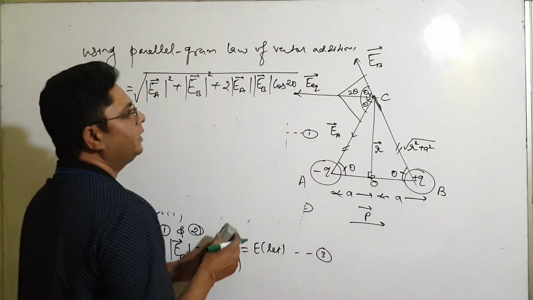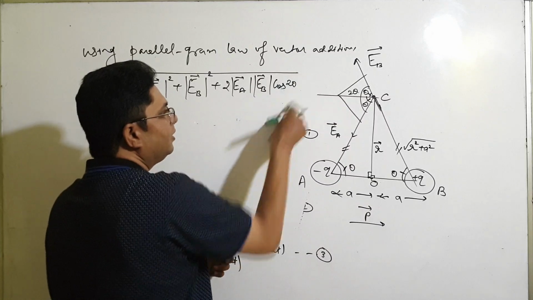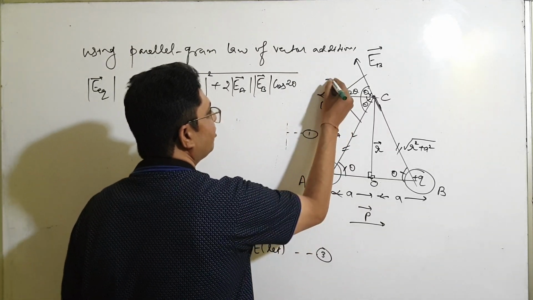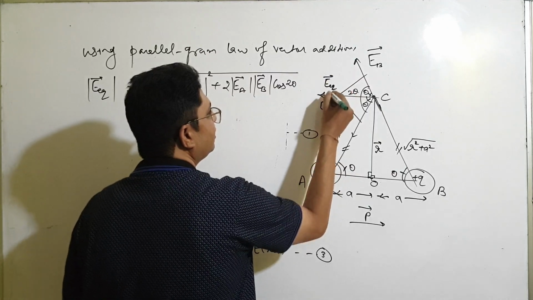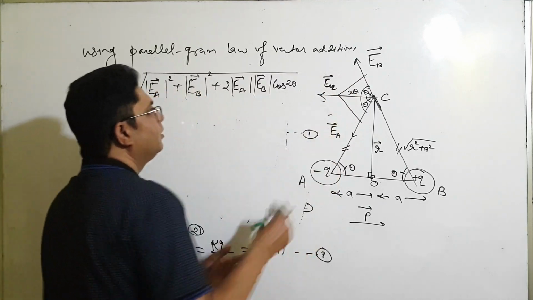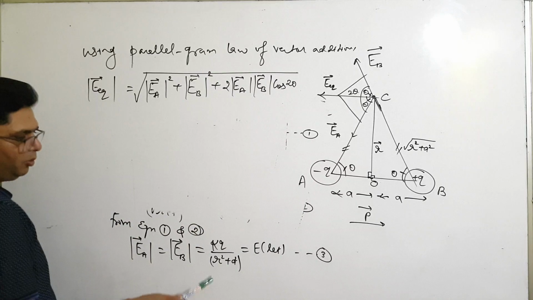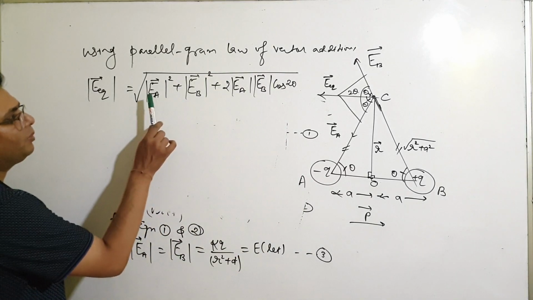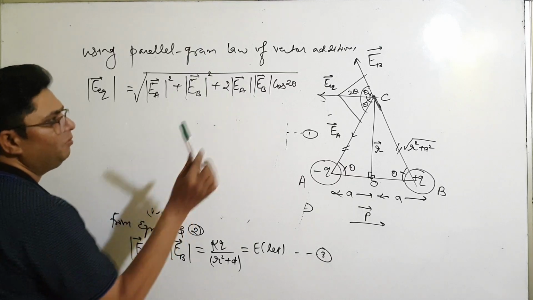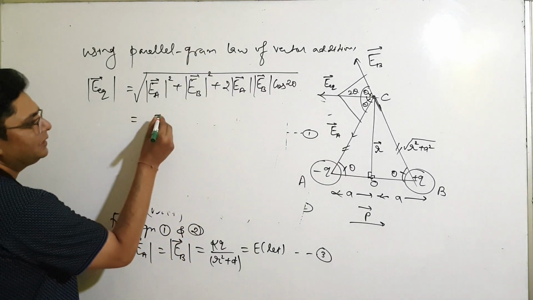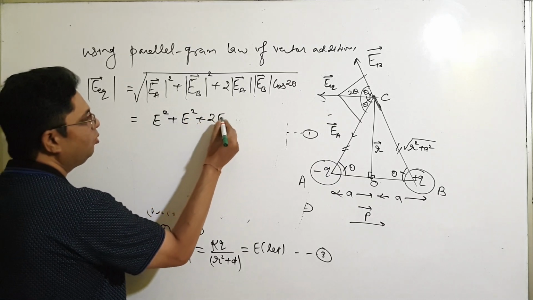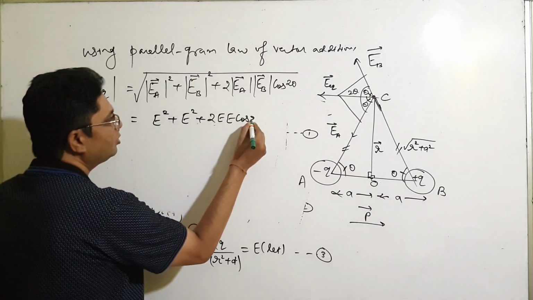Give a bracket sign here. This is E equatorial. Now from equation 3, you know that EA and EB are the same. So in place of EA and EB, we will write E. So this is the square root of E square plus E square plus 2 E E cos 2 theta.